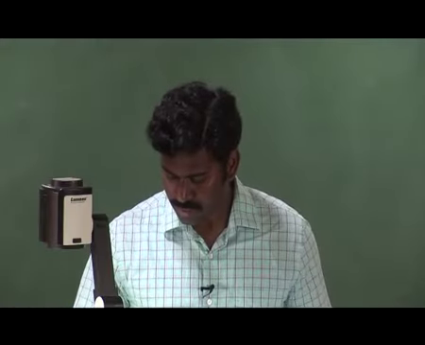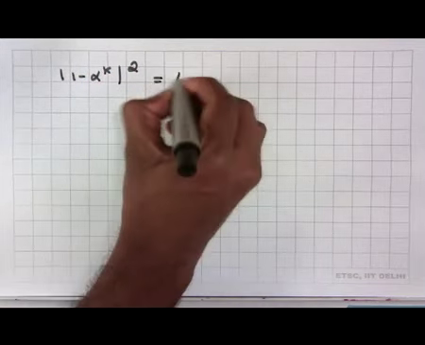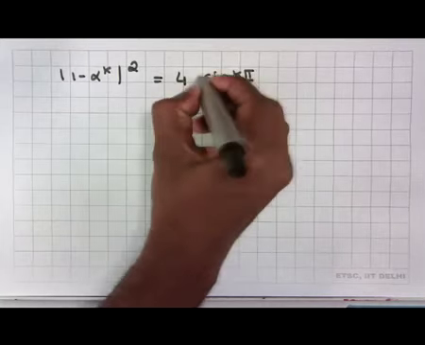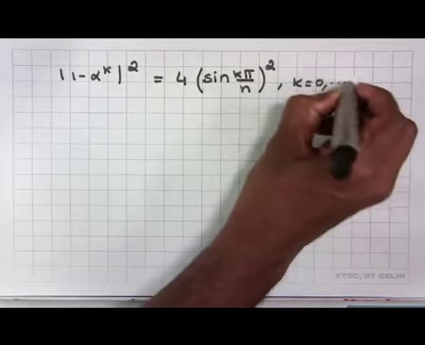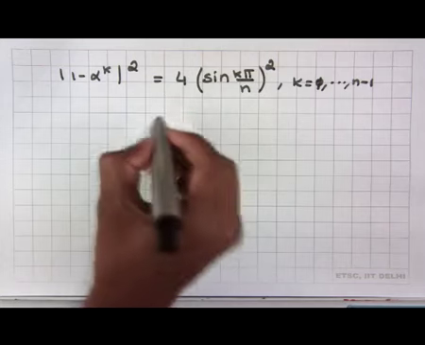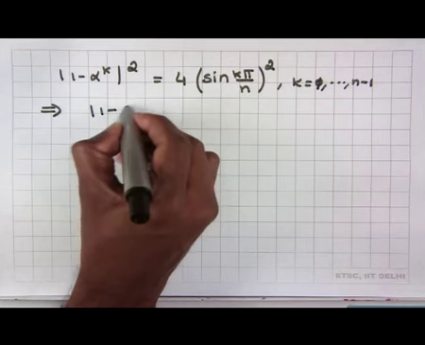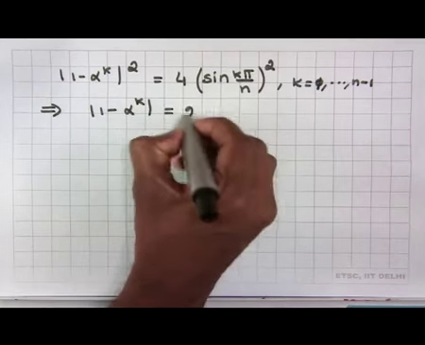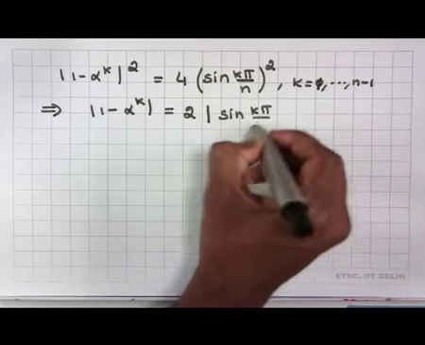So, we calculated mod 1 minus alpha power k square is 4 times sin k pi by n square, with k ranging from 1 to n minus 1. So, this implies that the distance between P naught to P k is given by 2 times the modulus of sin k pi by n.